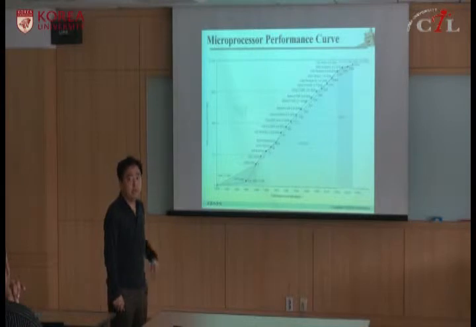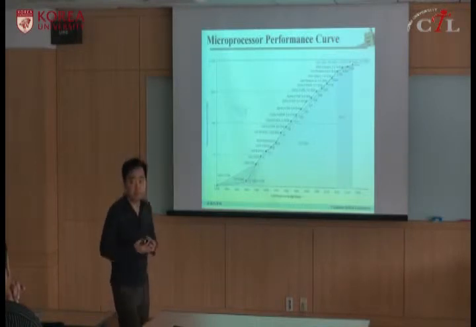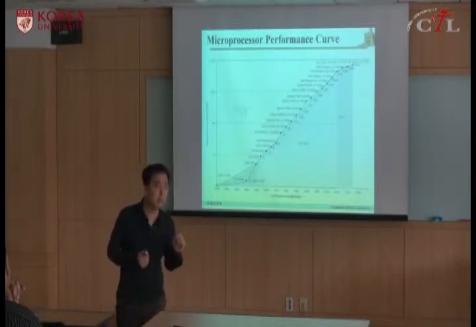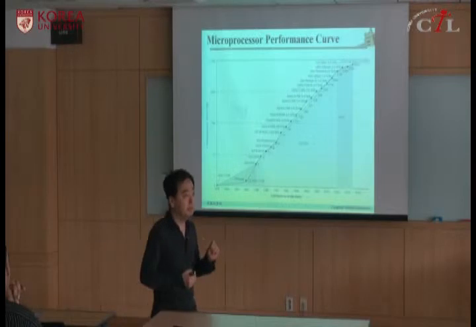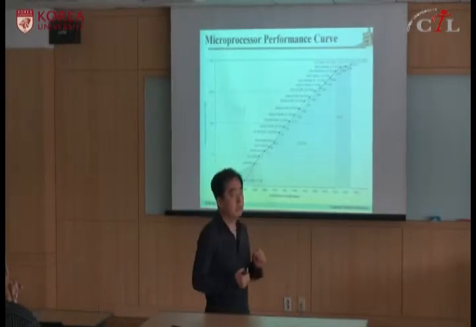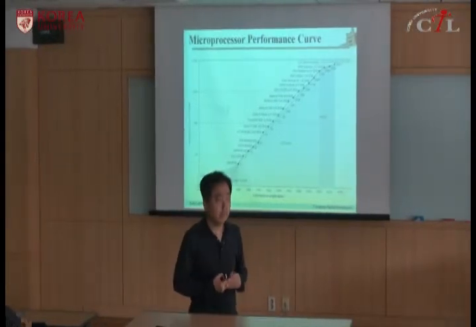This mainly comes from semiconductor process technology, not from architectural innovation. This is single program performance. If you want to improve the execution time of a single program, it's not easy. It takes a while.